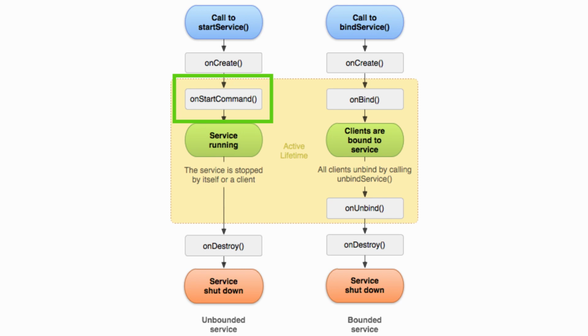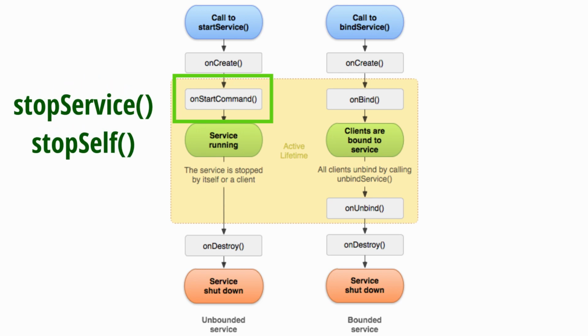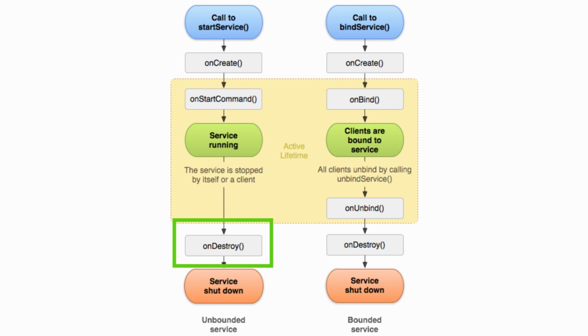As you can see, the service is then running, but to stop it, we call the method stopService or stopSelf. After stopService or stopSelf, it will then call the onDestroy method. Like onCreate, which is only called once, onDestroy is the cleanup call for the system, which shuts down the entire service.